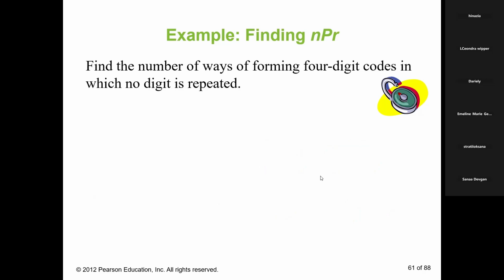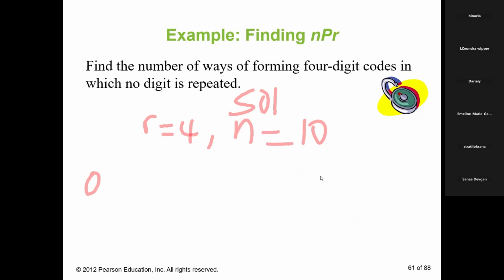So here they give you r equals 4, but n equals 10. Why did I say 10? Because there are 10 digits. When you talk about digits, you're talking about the numbers 0, 1, 2, 3, 4, 5, 6, 7, 8, 9. Okay, they are digits.